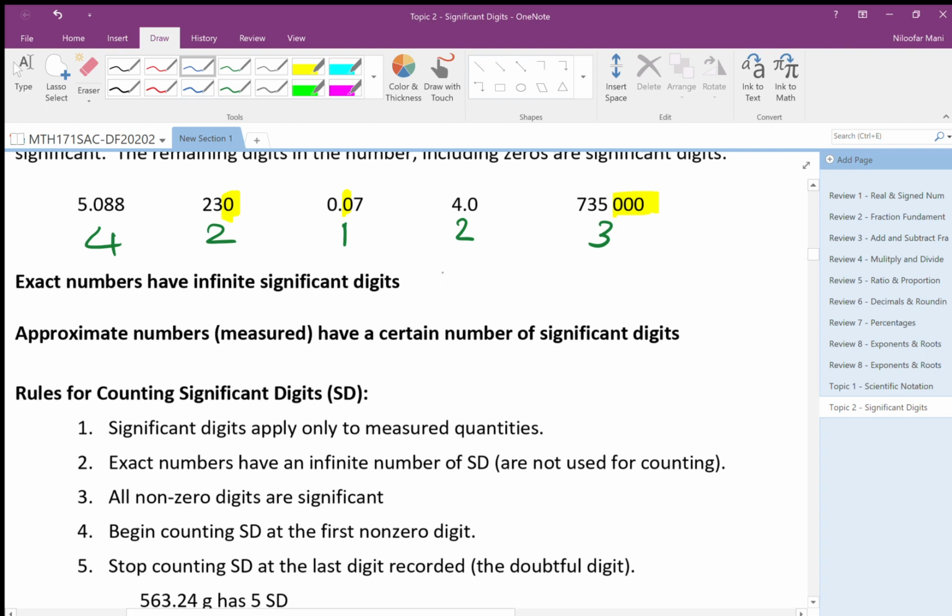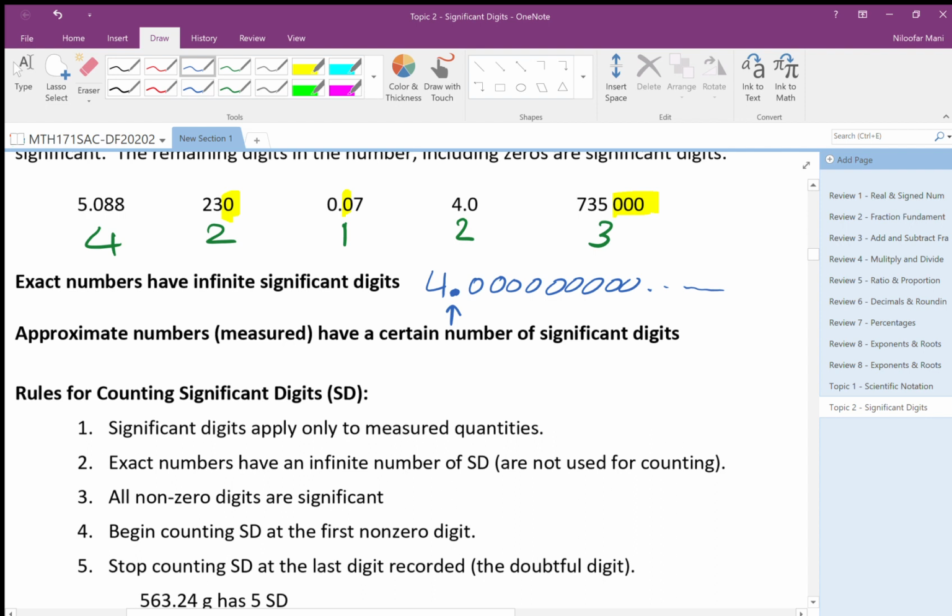When I have 4 gifts, I am sure it's exactly 4. So I am sure I have an infinite number of zeros after here. So I have an infinite number of significant digits because I am sure about them. So I put a dot and after the decimal, I count them all.